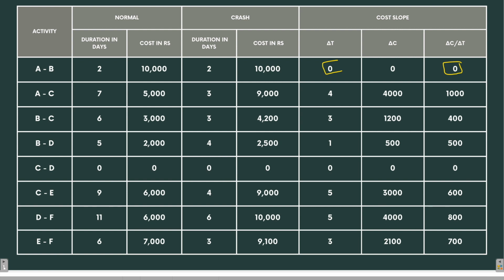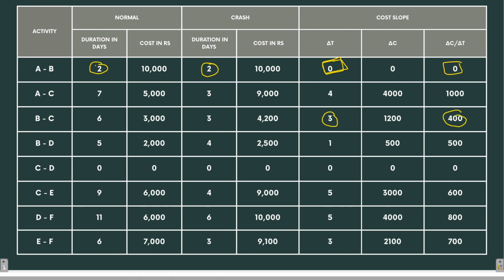But we cannot crash AB because delta T is 0. Delta T is 0 means there is no scope of crashing it. Normal duration is 2 and the crash duration is also 2. So there is no scope of crashing it. So we'll look for the next minimum cost slope. That means the minimum amount per day we have to spend for crashing. So the next minimum amount is rupees 400.